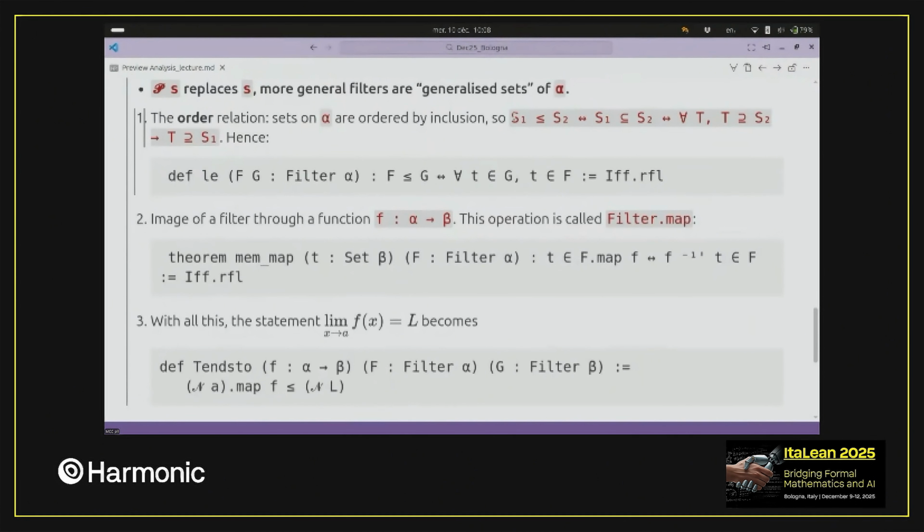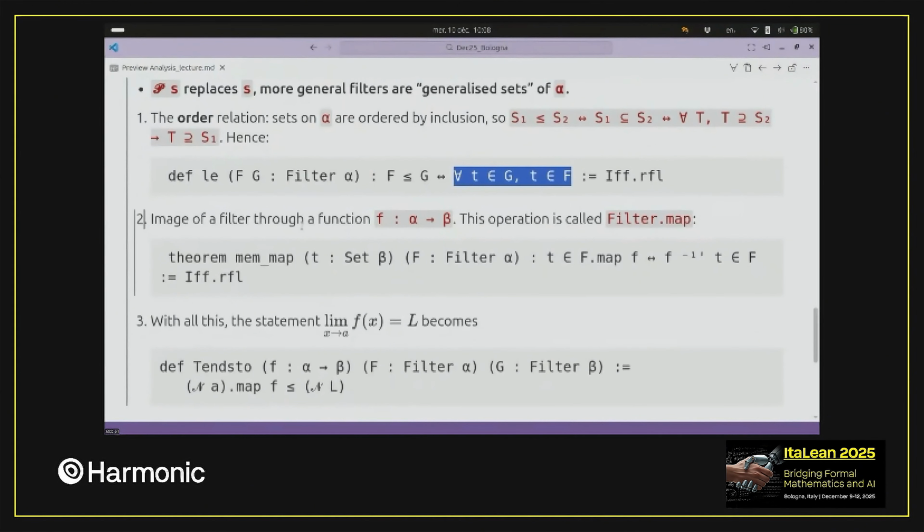This means that S2 is larger than S1 is equivalent to saying that every set that contains the larger one also contains the smaller one. And so we extend this order, which we have on sets, to filters. We say that two filters satisfy this inequality if the same property holds: each time something is in the larger one, then it is also in the smaller one.